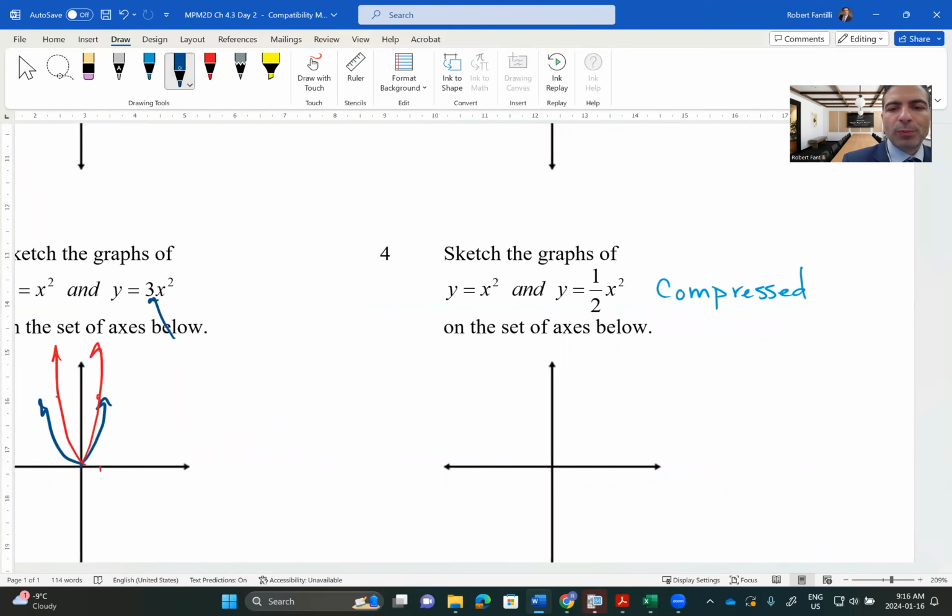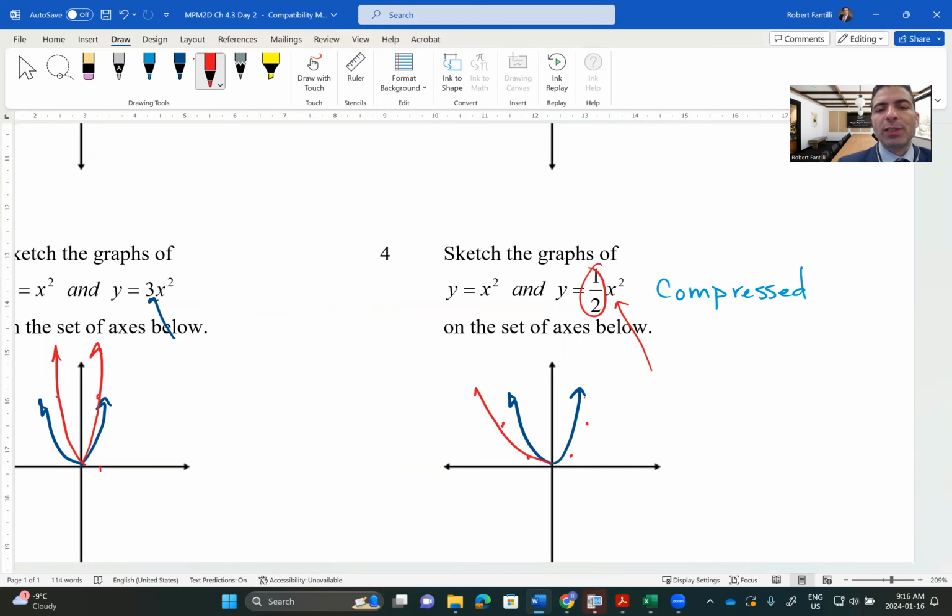And this is a compression. Again, we'll sketch the parent parabola, and you can use this to practice your sketching. If it's 1/2, we had that similar example in the previous video and the other handout that I provided online. 1/2 means that it's compressed. So instead of 1 squared being 1, it's now going to be half of 1. Instead of negative 1 squared being positive 1, it's now half. Instead of 2, 4, it's now going to be 2, 2 or negative 2, 2.